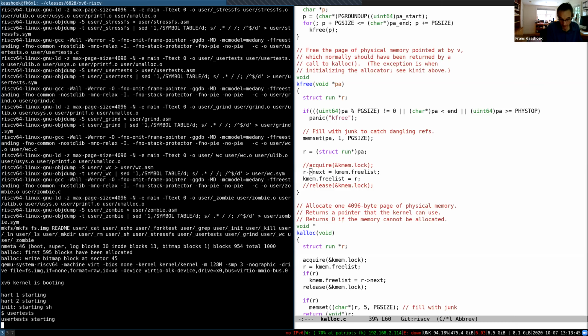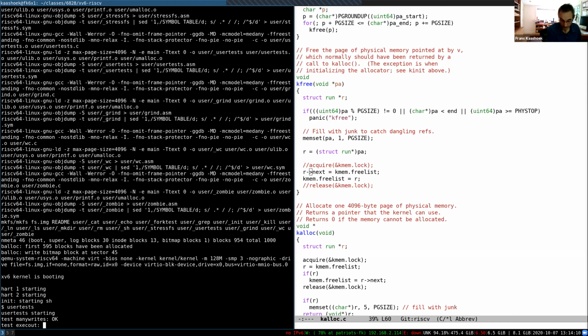So here we start it up. It'll take a little while. Zoom might complain a little bit because this is putting a lot of load on my machine. As you probably know, QEMU is simulating 3 cores here, and these 3 cores might run in parallel. And so far so good. We're starting to pass tests.